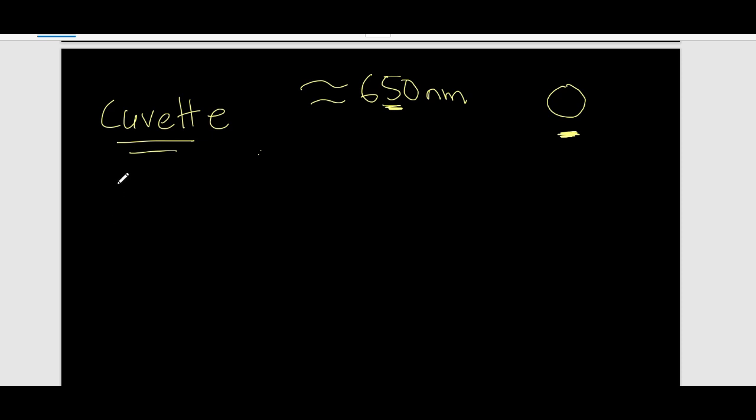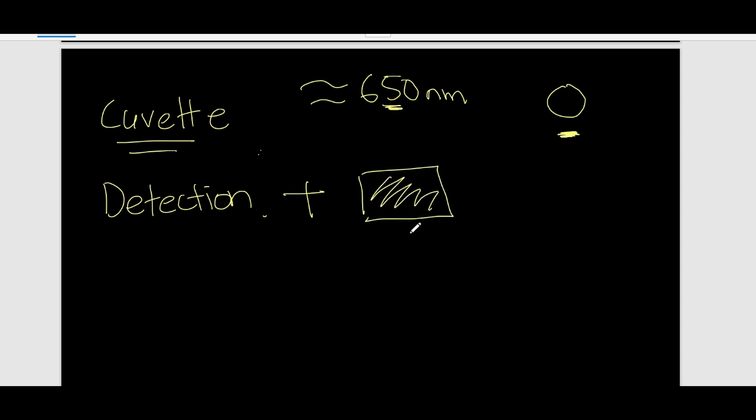To measure this, we use a detection agent. You add the detection agent plus the thing you want to measure, in this case A, B, C, D. First we let these two react, then after that we measure.